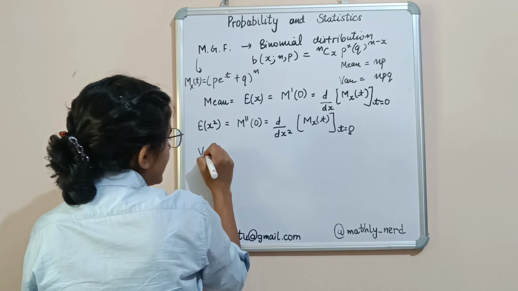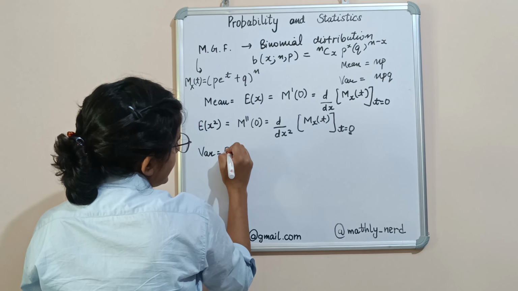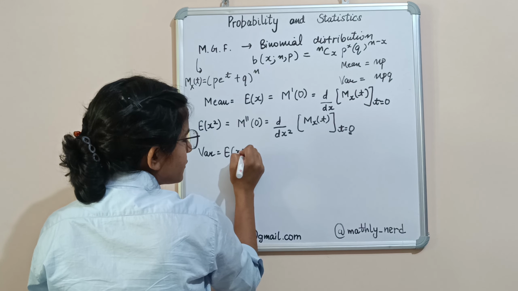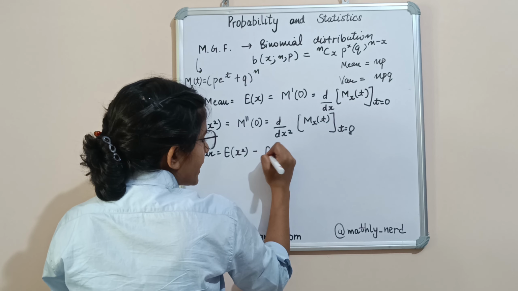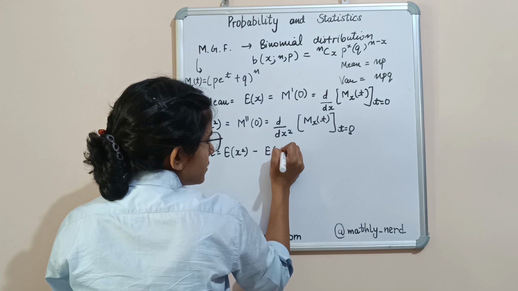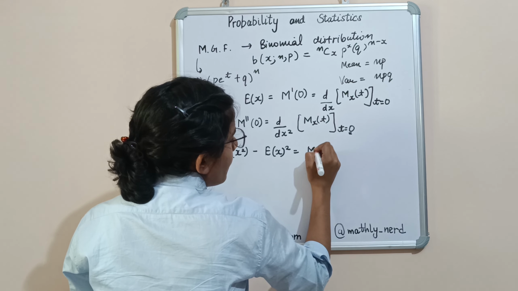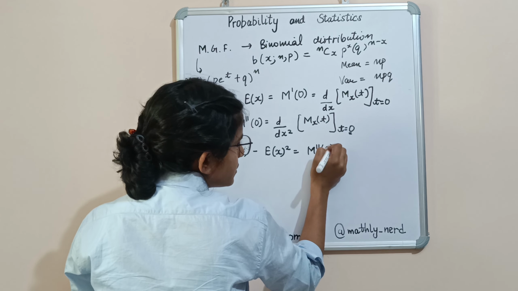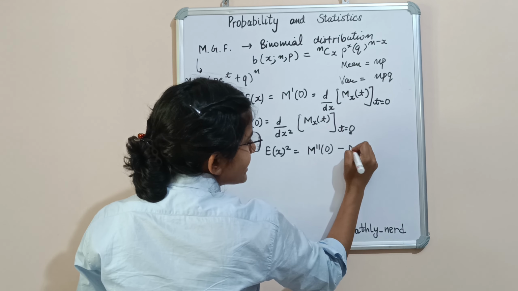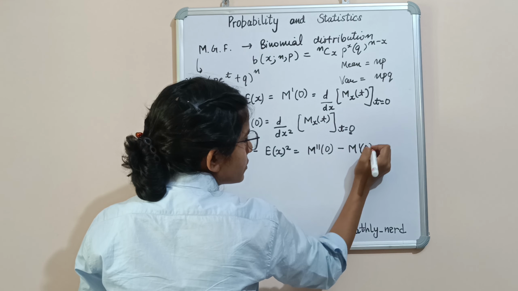And we know variance equals the expectation of X square minus the square of the expectation of X. So this will be M double dash 0 minus M dash 0 square.